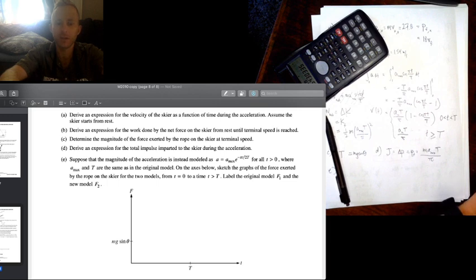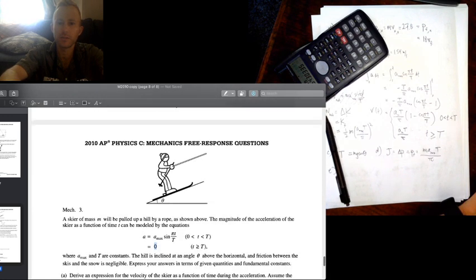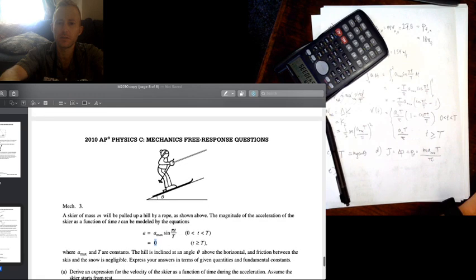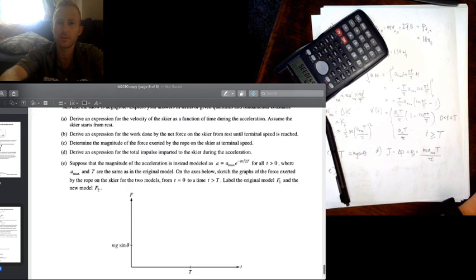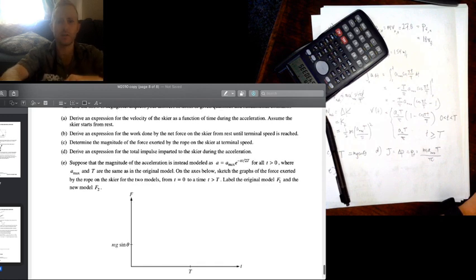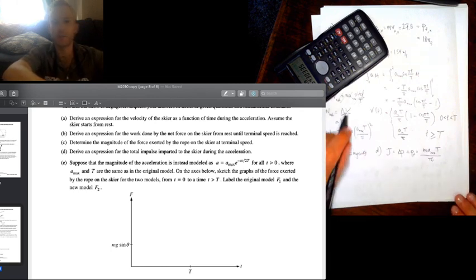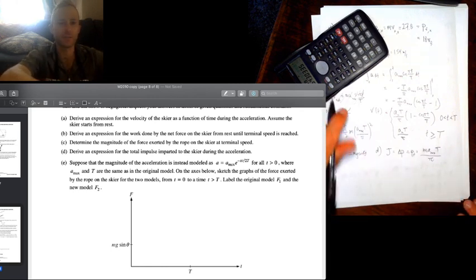So we're going to have some kind of a sinusoidal dependence. Oh, I have to be a little bit careful here because it wants the force exerted by the rope on the skier for the two models.